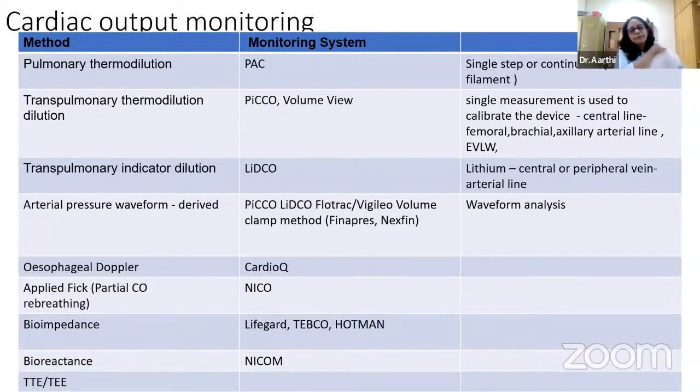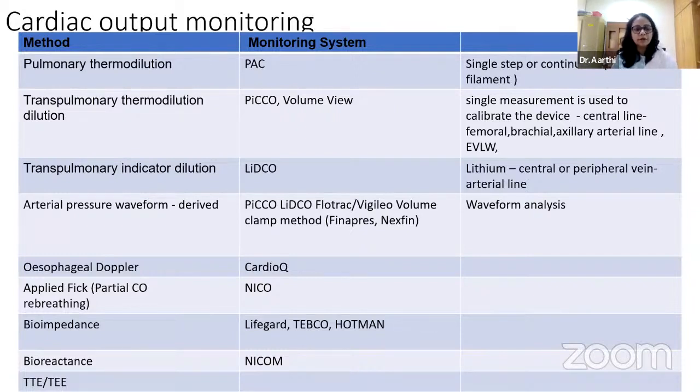And there are other monitors where we assess the cardiac output through arterial pressure waveforms. So the LiDCO device, FloTrac, and Vigileo use these algorithms. There are different waveform algorithms which are computed and analyze the area under the arterial line curve, and just give the stroke volume and hence the cardiac output of the patient.